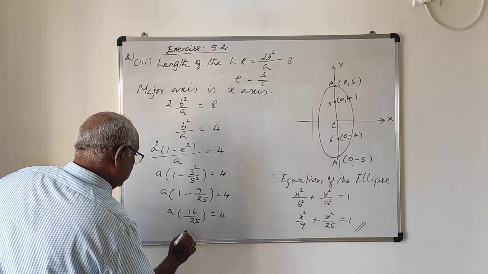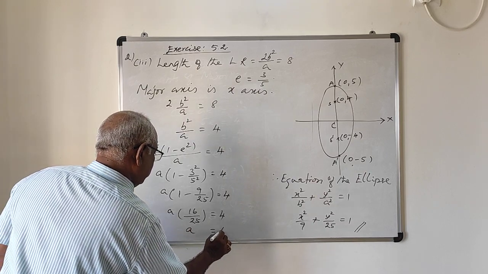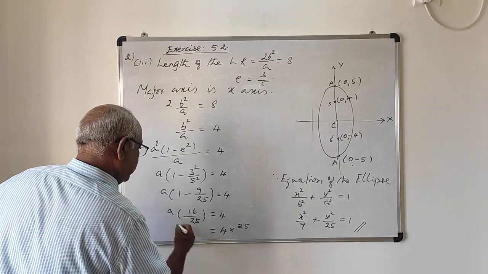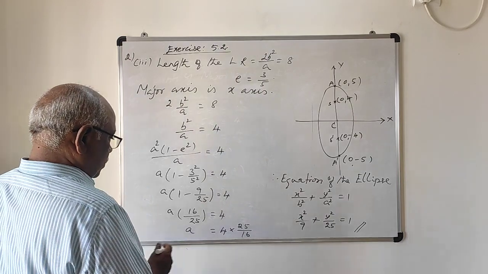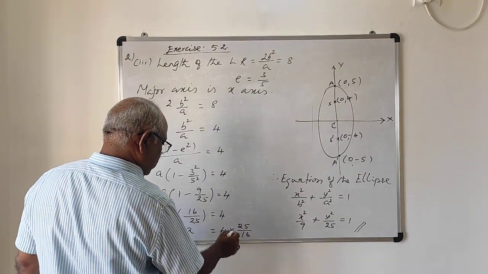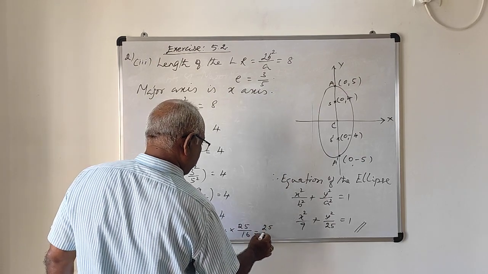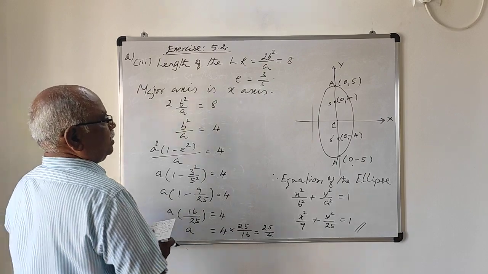So a equal to 4 into 25 by 16, that is 25 by 4. This is our a, a is 25 by 4.